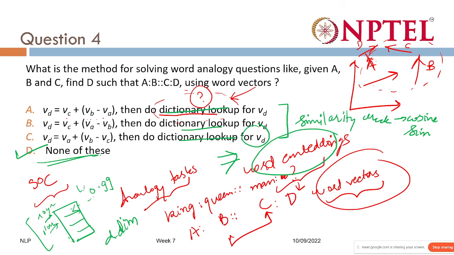Let's say for the king, for royalty the value is 0.99, and let's say this category was feminine. So is king feminine? Can king be qualified as feminine? So here the value will be very, very low, 0.0001, something like this. So we will be getting a probability value corresponding to every dimension.